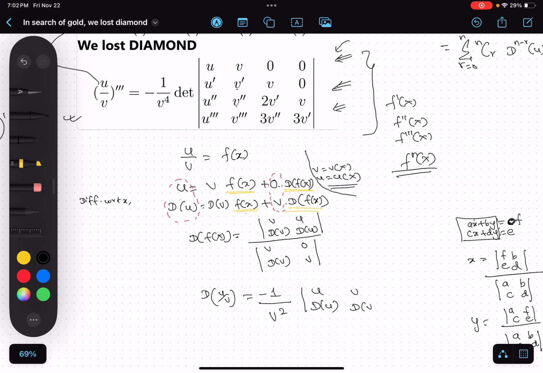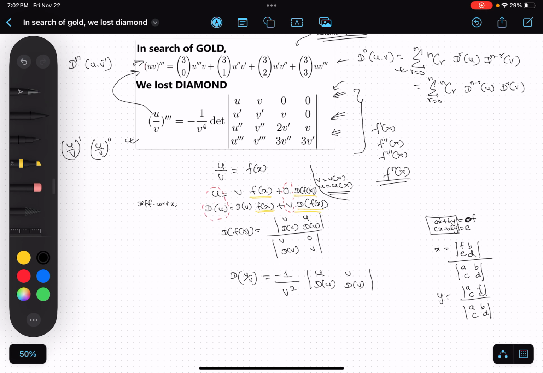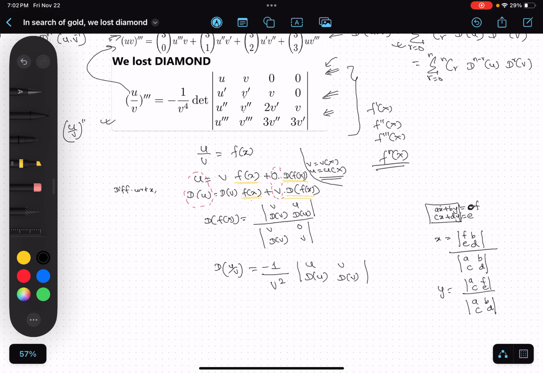So this is the expression for the first derivative of u by v, and now we will go on progressing and reach this eventually.